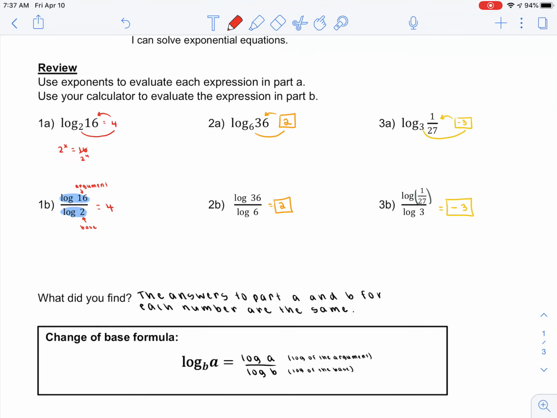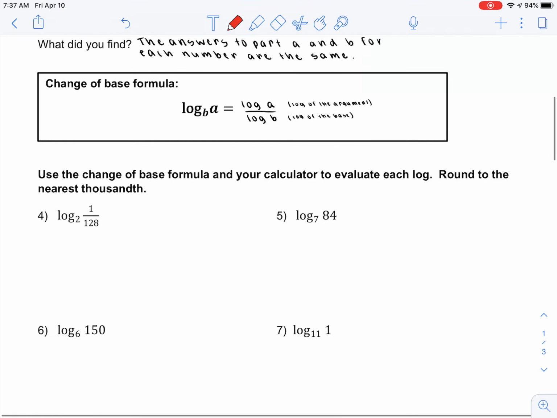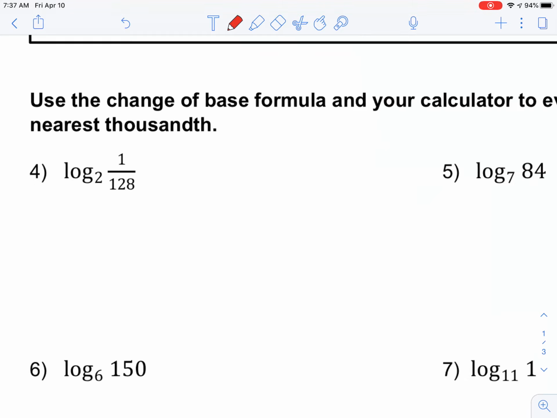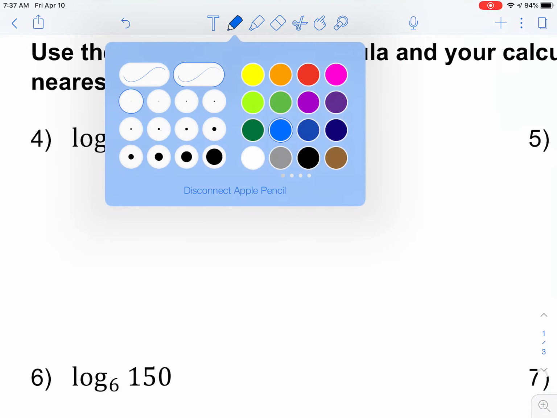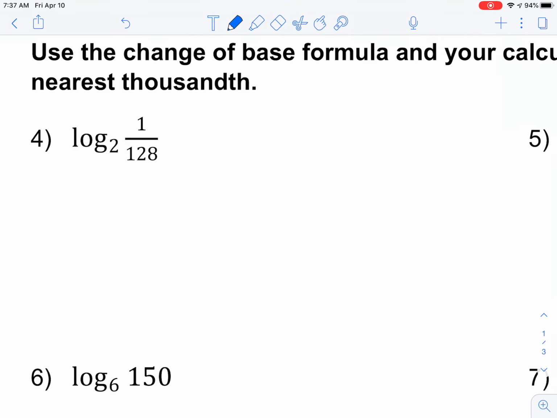So that is an actual property that we're going to be using today. So let's look at the first 4 examples to see what we're going to be doing. It says use the change of base formula and your calculator to evaluate each log. So what we're going to do is we are going to rewrite number 4 as the log of the argument, which in this case is 1 over 128, divided by the log of the base.